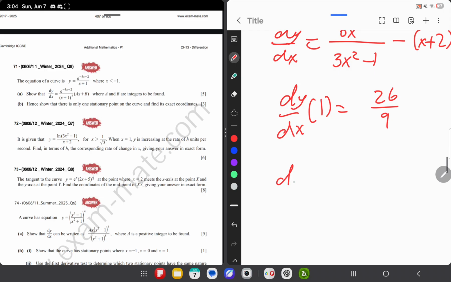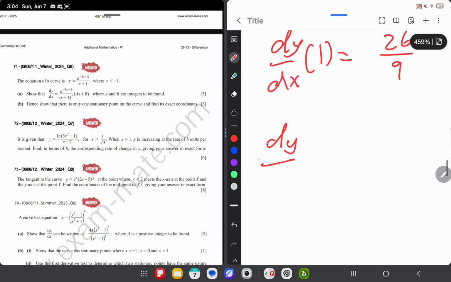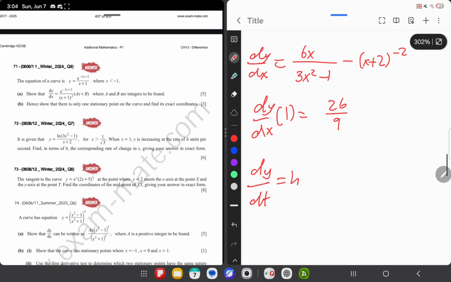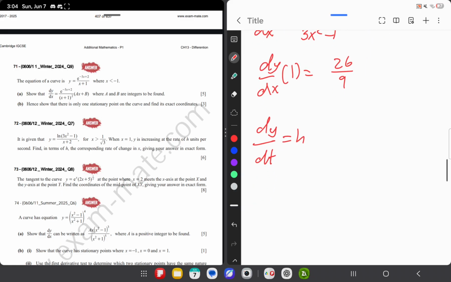We know y is increasing at the rate of each units per second. dy/dt is equal to what? Each. Weird, I know. Find, in terms of each, the corresponding rate of change in x, giving your answer in exact form. We know dy/dt, we want to find dx/dt.